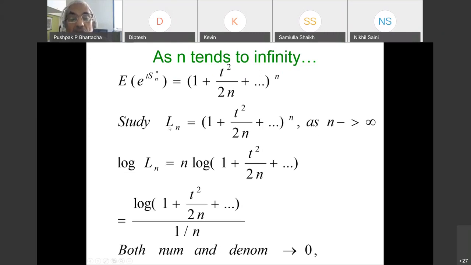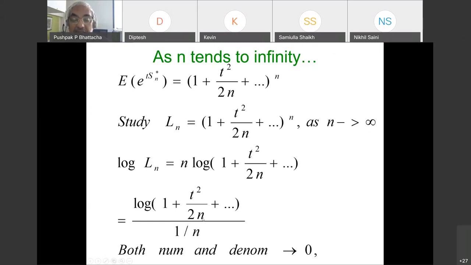So I take log of ln, this becomes n into log of (1 plus t square by 2n plus ...). So n has come down, n into log of this quantity. This can be written as log of (1 plus t square by 2n plus ...) divided by 1 by n.